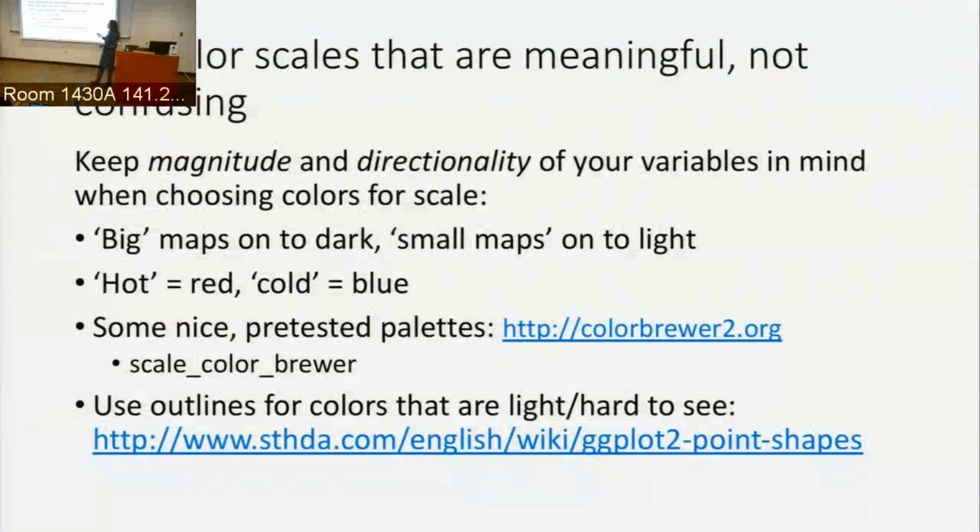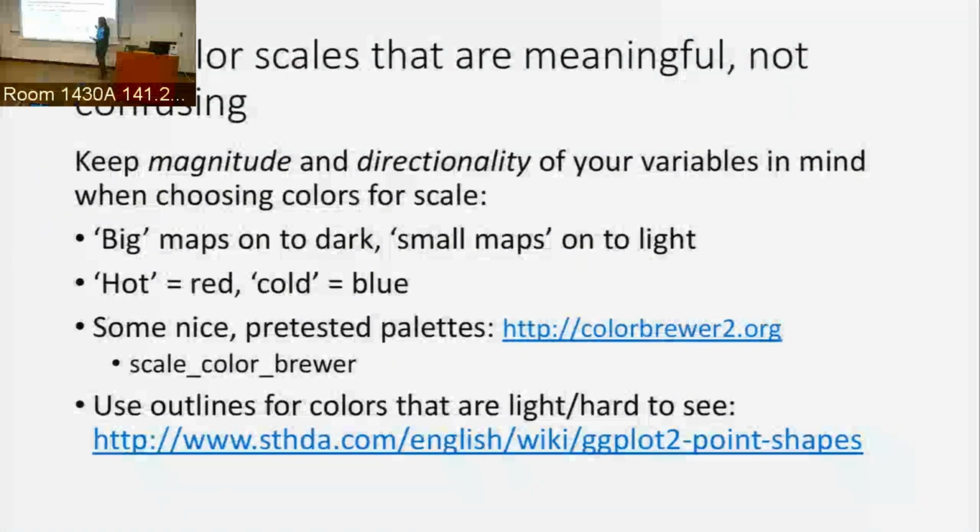And generally, you do want to use common sense here with what colors you pick, so that there's some kind of meaningful alignment between the magnitude of your variable and the directionality as well. So generally speaking, larger numbers map onto darker, smaller onto lighter. So that's a nice alignment. Hot generally aligns with red and cold with blue. So we have these preconceived ideas about what colors map onto what directions or magnitudes.